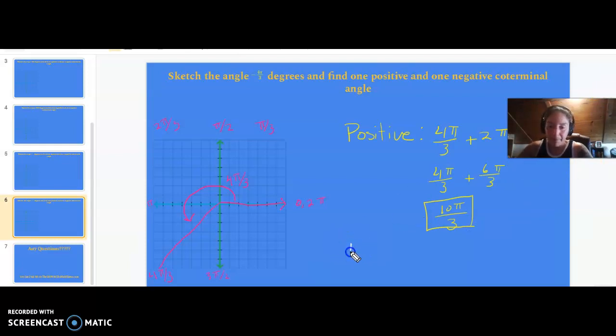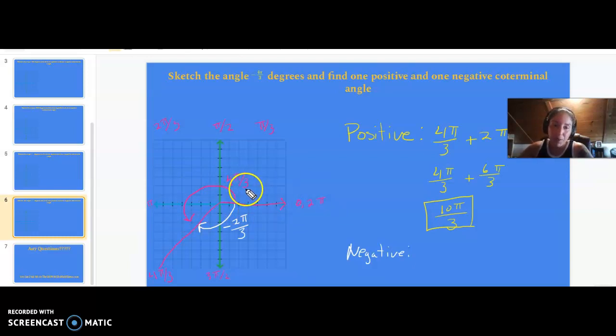Or, let's do a negative now. That was the positive direction. The negative direction is just going the other way. If that was 4 pi over 3, then this remainder here, so the whole thing is 6 pi over 3, or 2 pi. If that went 4 pi of the way, then this would be 2 pi of the way, or negative 2 pi over 3. Notice this amount plus this amount equals the whole amount, which is 2 pi.